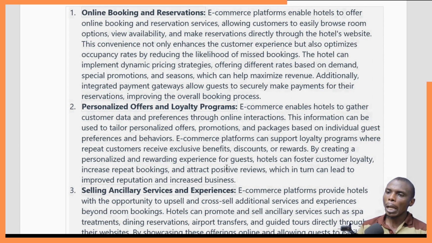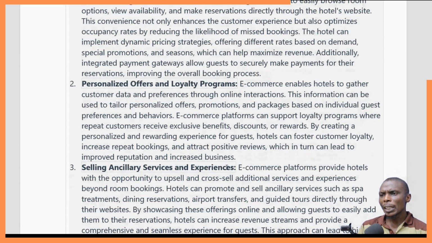The second one will be personalized offers and loyalty programs. So in e-commerce, the hotel managers can easily see through the data of their customers. The customers can give their data through these systems, and the hotel management can see their customers' preferences. What do they like, or what is their previous experience?